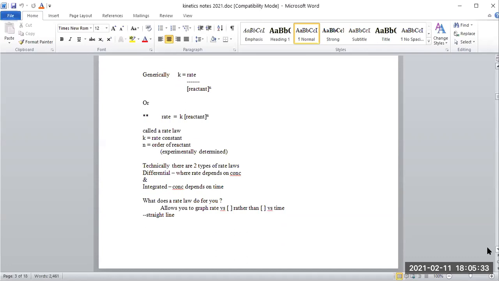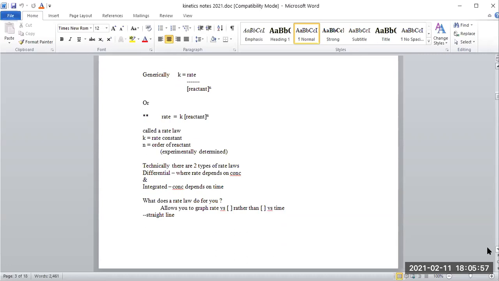The differential one is primarily a comparison between rate and concentration. The integrated ones take that concentration and compare it to time.